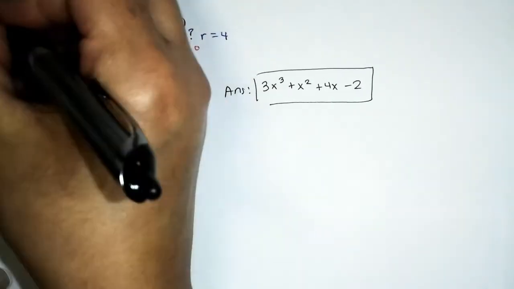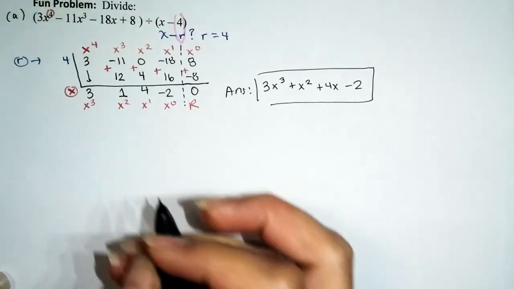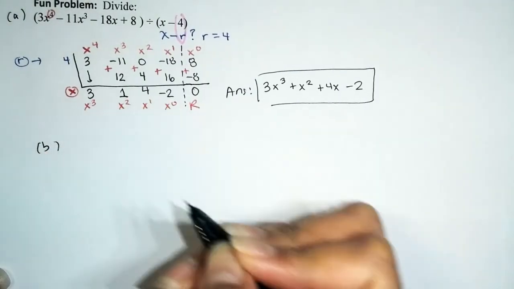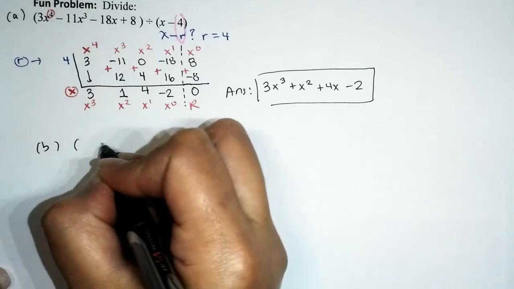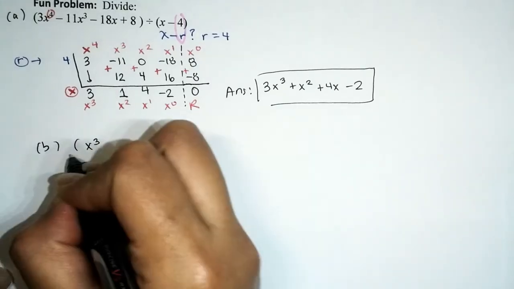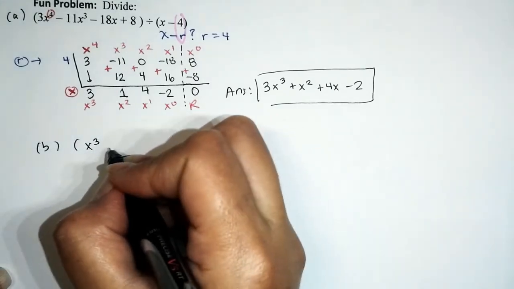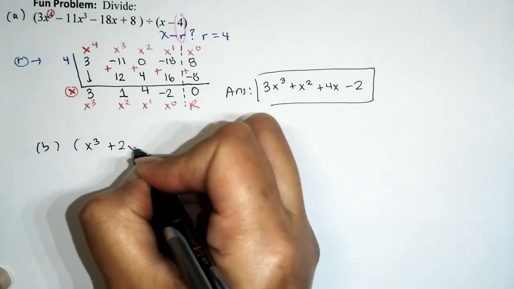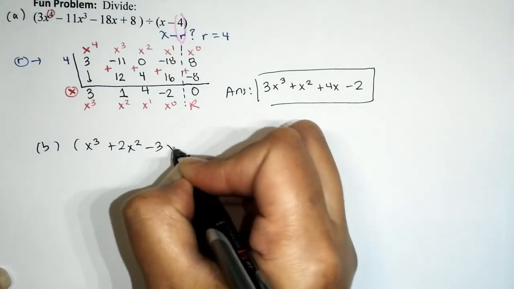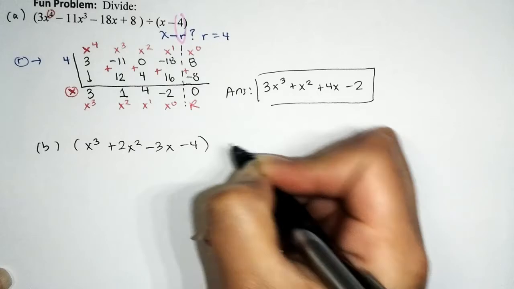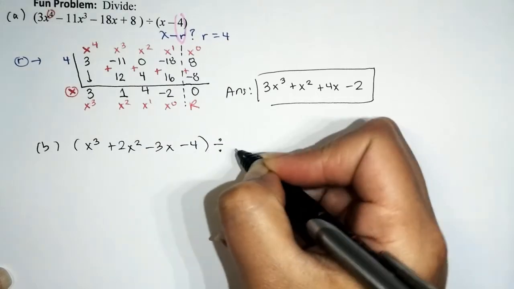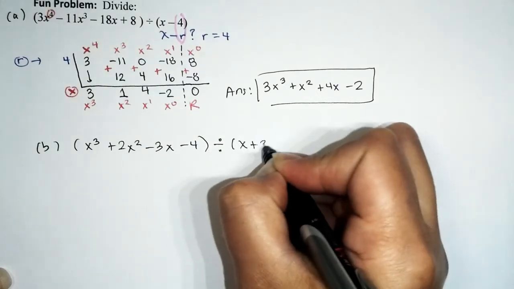Let's just call this problem A, and then we'll call this one problem B. Problem B, we have open parenthesis, x cubed plus 2x squared minus 3x minus 4, close parenthesis, and we're going to divide it by this binomial, which is x plus 2.